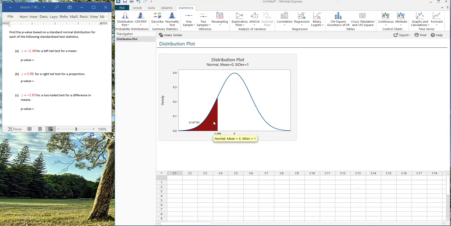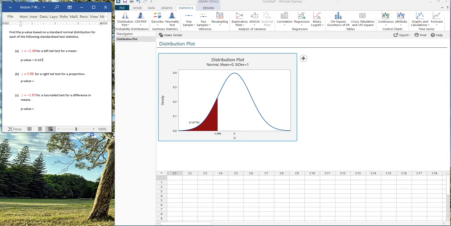It's this left-tailed probability or area under the curve, and we see that that area is 0.147781. Okay, for Wiley Plus, you'll want to make sure that you round as told.